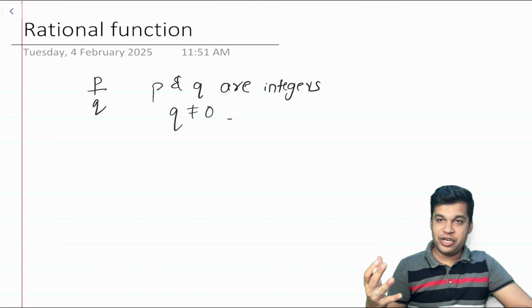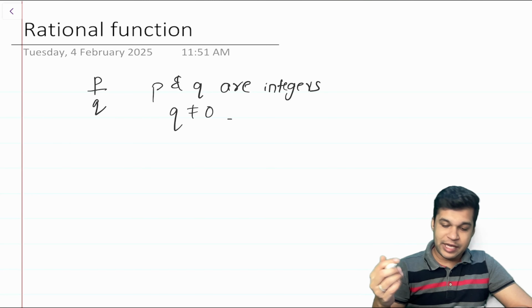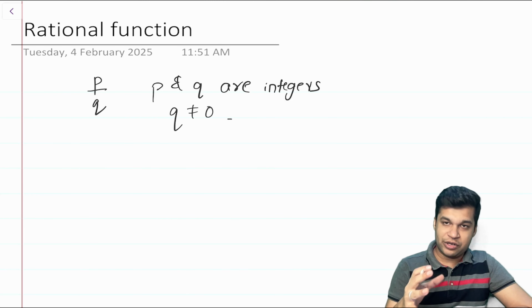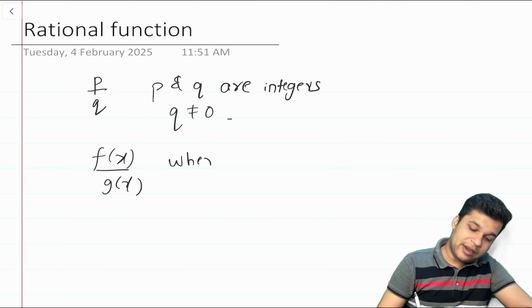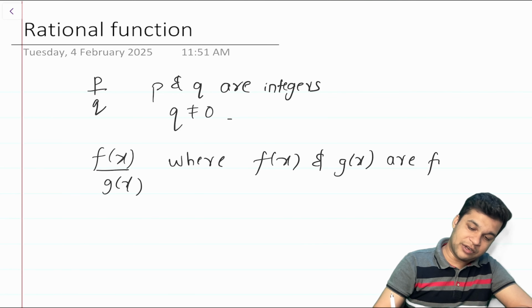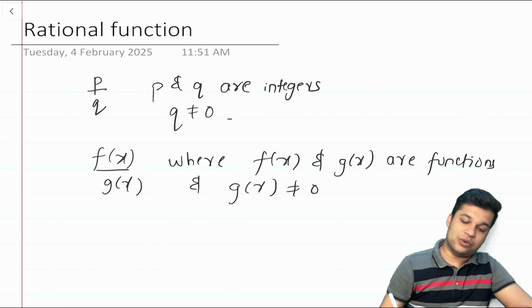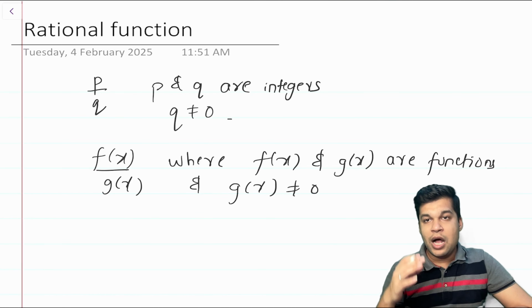What is a rational function now? A rational function is also the same thing. A rational function is a function which can be written in the form of f(x) upon g(x), where f(x) and g(x) are functions, and g(x) is not equal to 0. What are the examples?